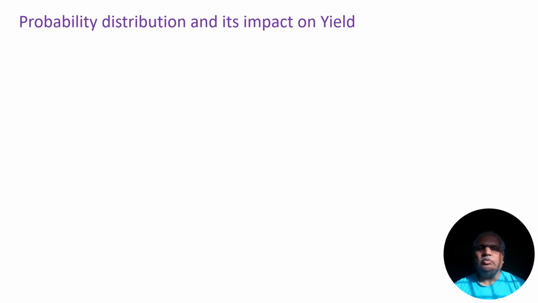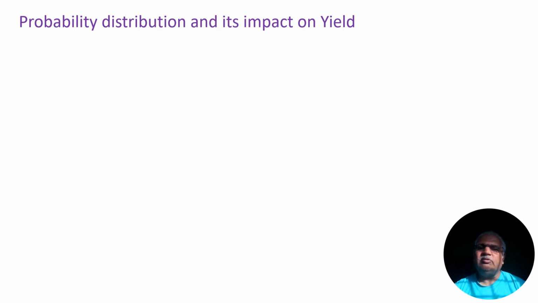That means how closely the design parameter varies within the specification limits. Based on that, the standard deviation depends on the process side, and that will have a direct impact on the yield.